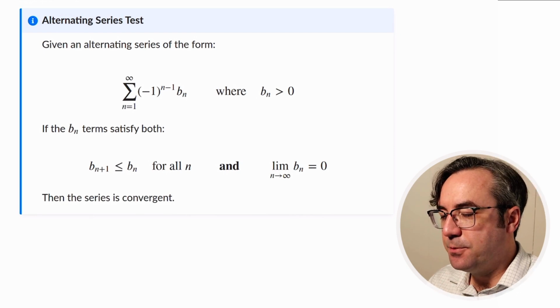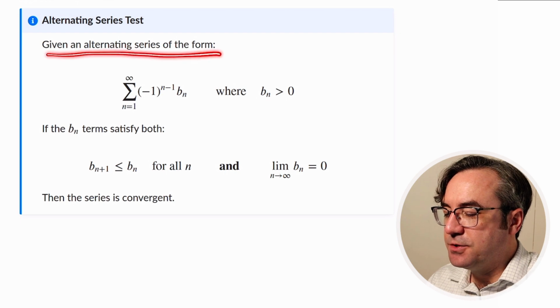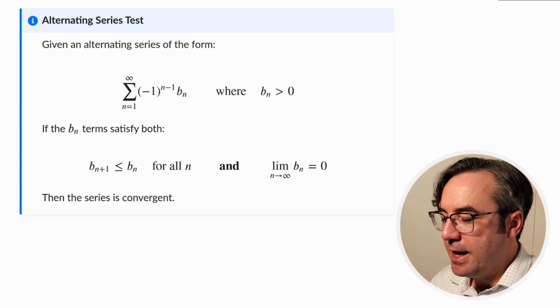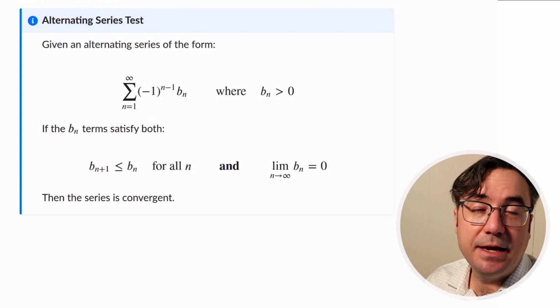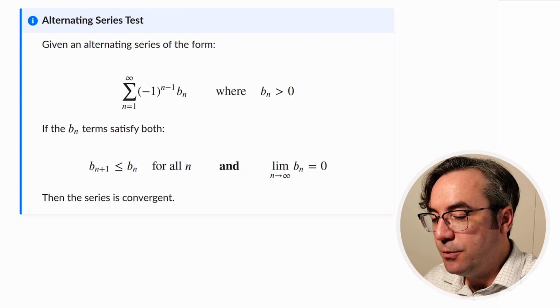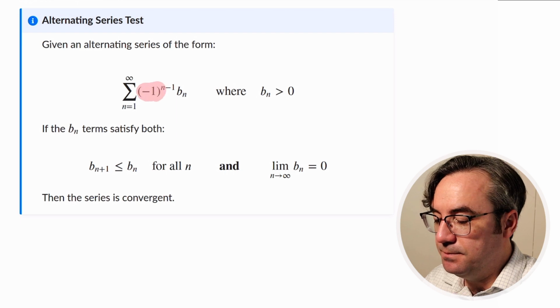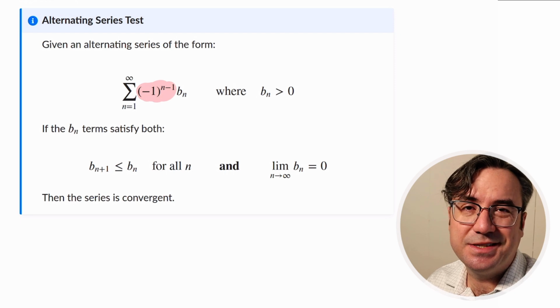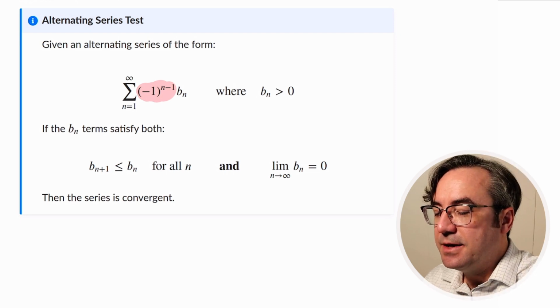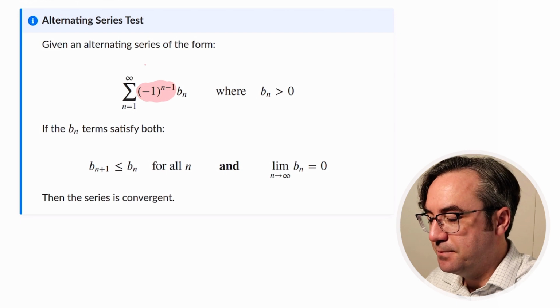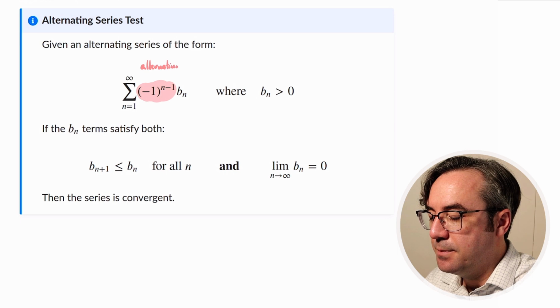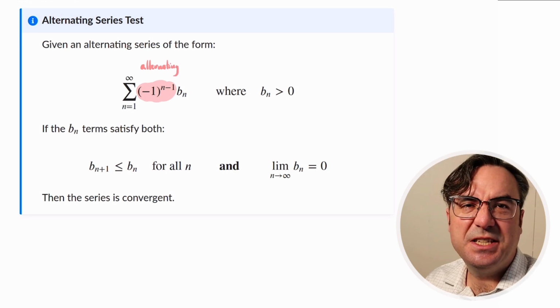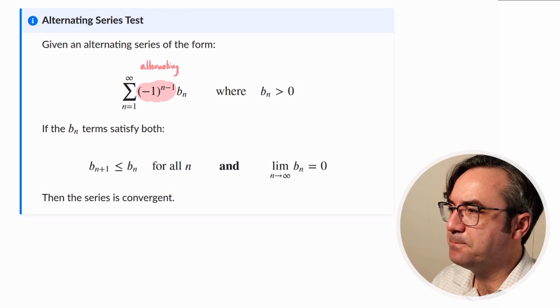So let's read through the test. If we have an alternating series in the format sigma n equals 1 to infinity, the way this test is written, it's written with this alternating component, -1 raised to the n-1. Again, it doesn't have to be that necessarily. There's other ways to do this, but we normally see some kind of alternating component there.